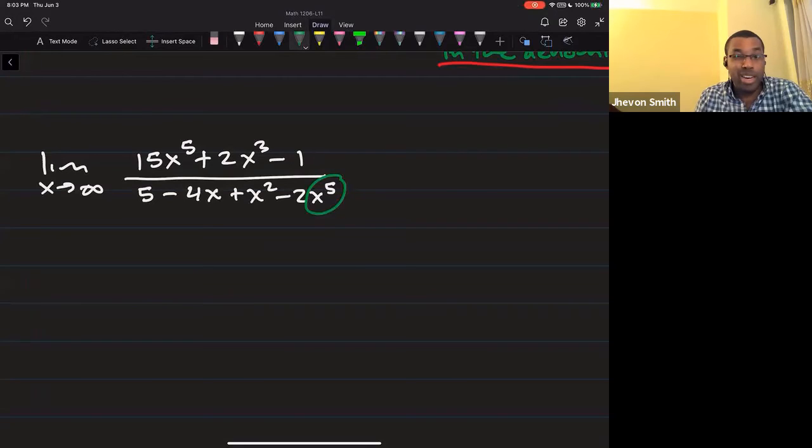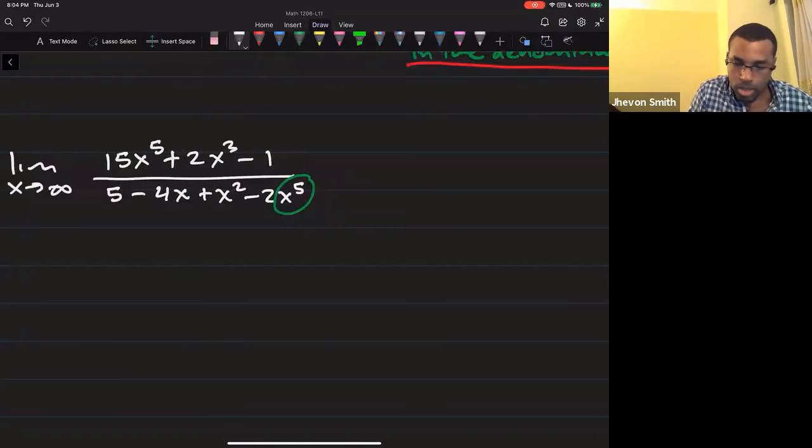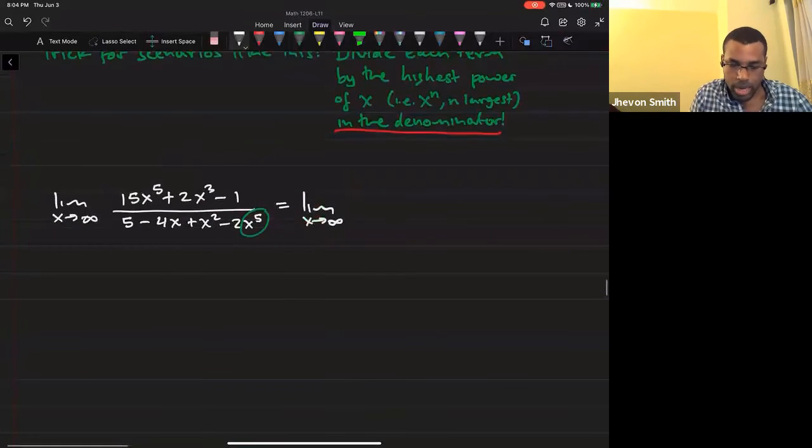And you're going to divide every term by that. You're essentially multiplying by 1 by doing this, because if you divide the numerator by x to the 5th and divide everybody in the denominator by x to the 5th, it's like multiplying by 1 over x to the 5th over 1 over x to the 5th, which is like multiplying by 1. So it has the algebraic properties of multiplying and dividing by the conjugate. So that's what we're going to do, and we'll see what happens here.